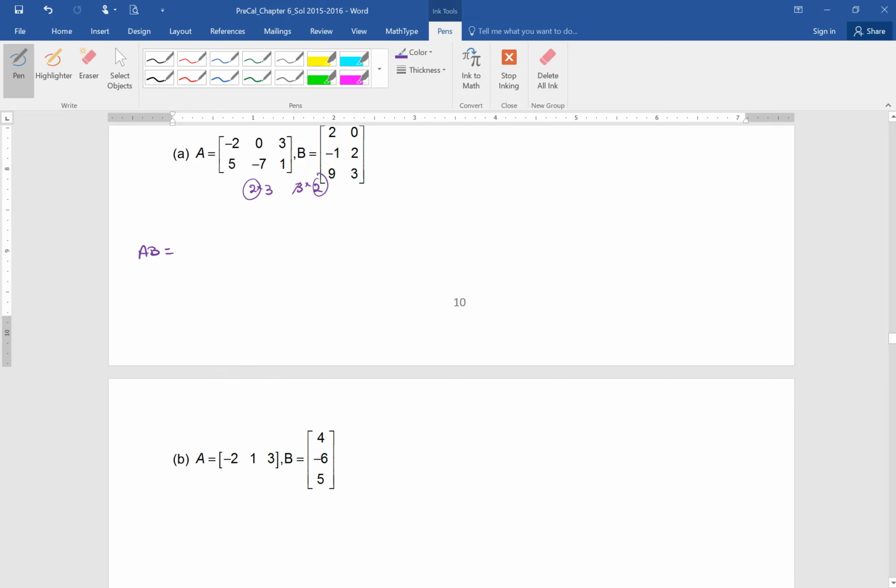Okay? So I write down the matrices in the order that I'm given. A times B, A first, then B. So here is A. And here is B. All right, now look.